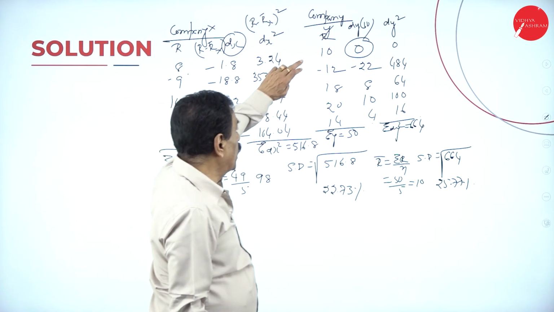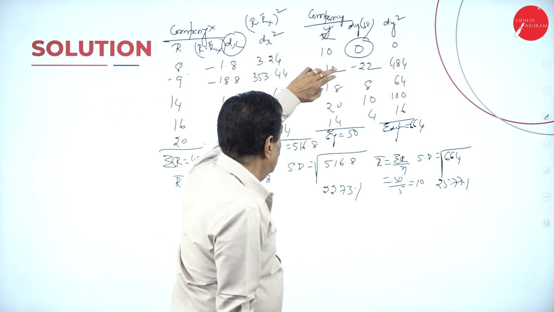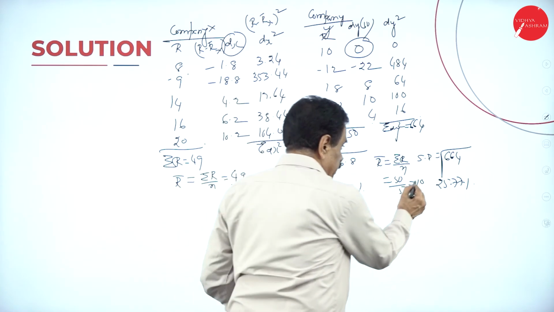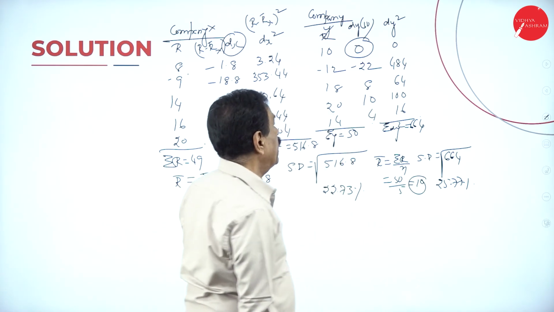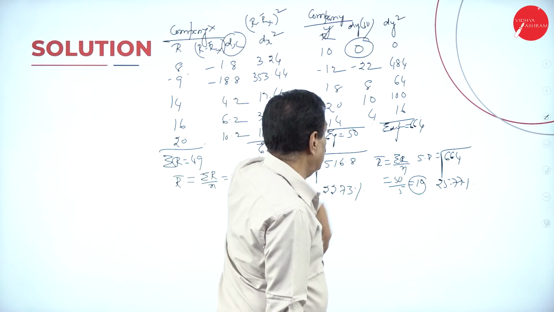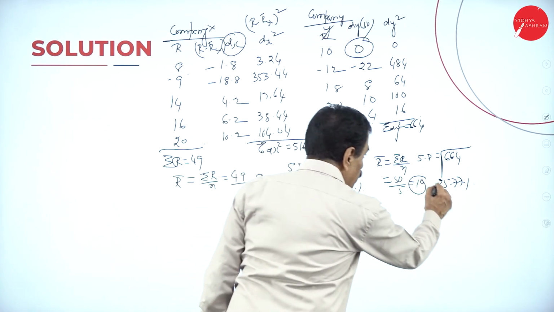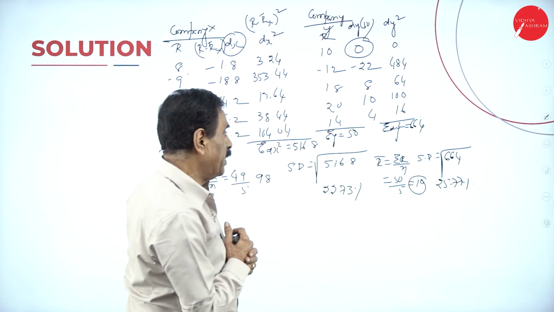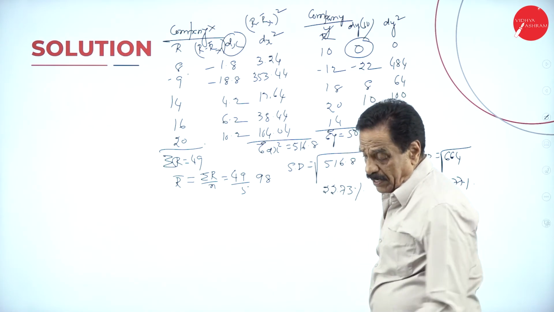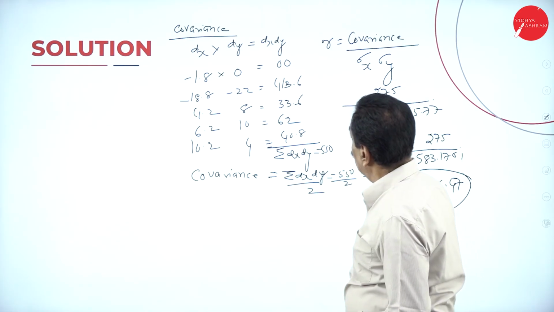Then the same thing for y, add, it comes to 50, 10 will come, this 10 is the dy, take the deviation, square of that, 664 will come, root of this is 25.77, and this is 22.73. So the standard deviation you should find out.